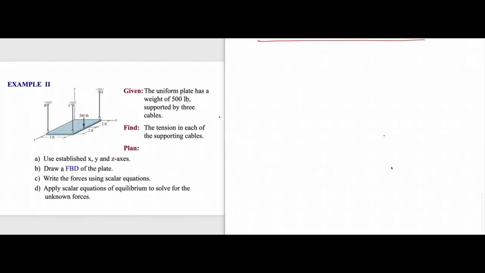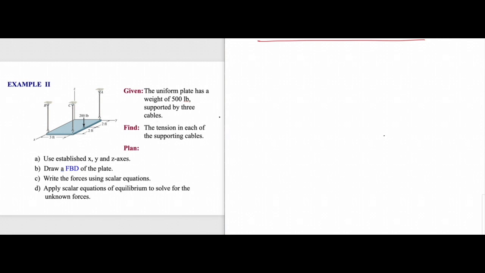So if you look at this example problem on the left hand side, that is a uniform plate which has a weight of 500 pounds.